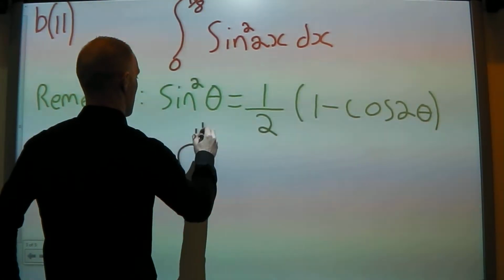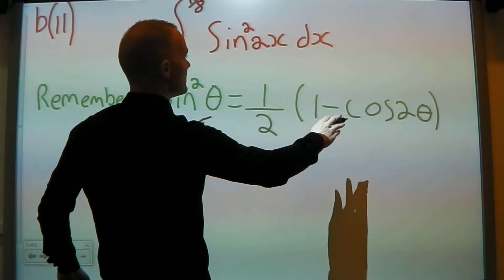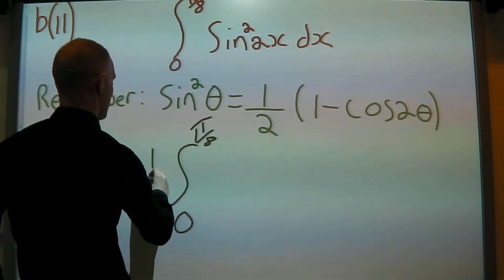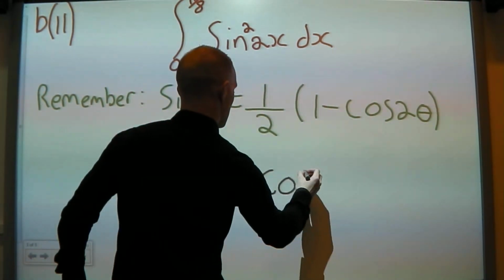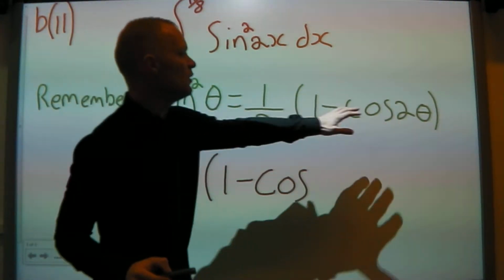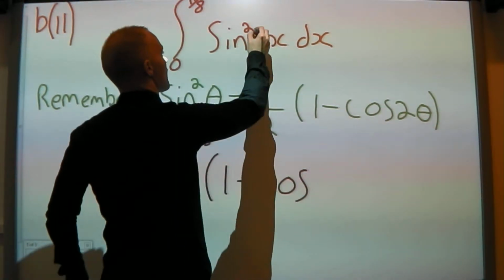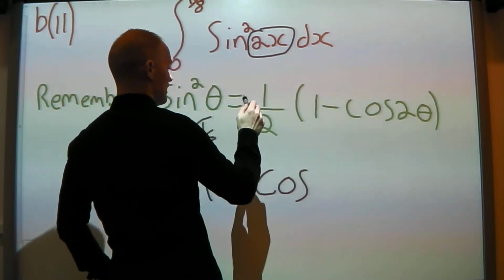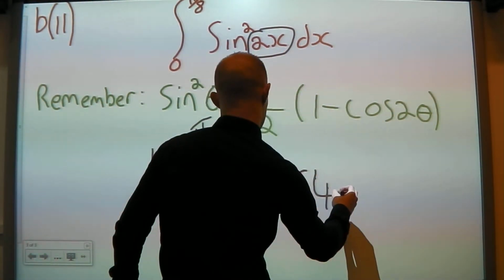It's the integral from pi over 8 to 0 of a half into 1 minus cos 2 theta. We just take the half out here, and that's 1 minus cos. And don't forget it's 2 theta here, so it's double the angle. So the original angle here is 2x, and that means 1 minus cos double the angle again, so that's going to be equal to 4x.